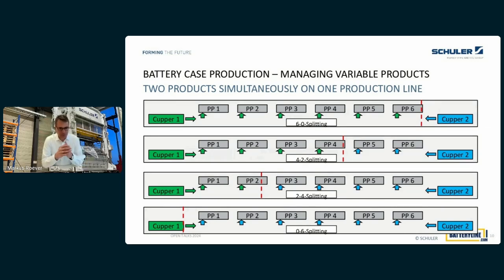So what we propose, okay, we add a second cupping press, which is an additional investment, and we add the possibility to split the line between the 2 products so that we can run one product or the other. We can do a mix in between. So we enjoy the good material utilization, less footprint, but we add the flexibility to run different products at the same time. So it's also an example for efficient but flexible production.